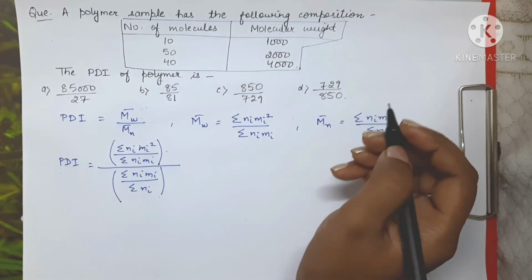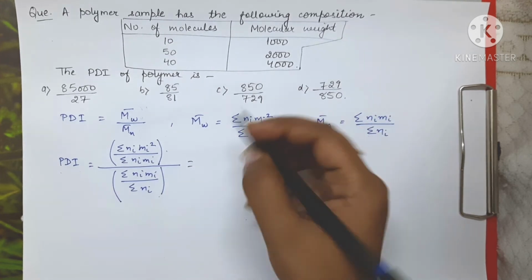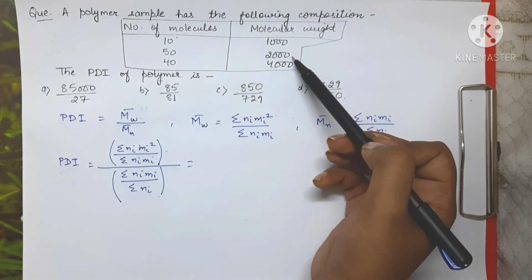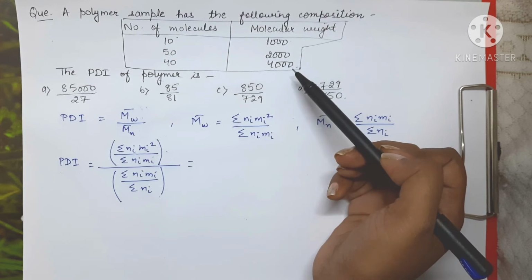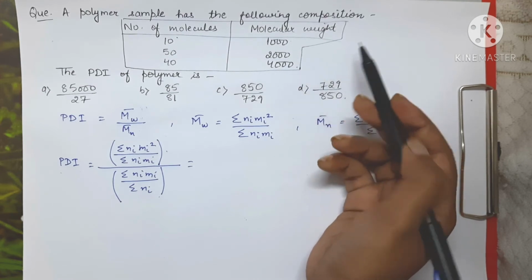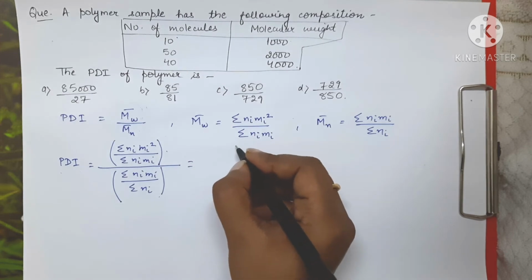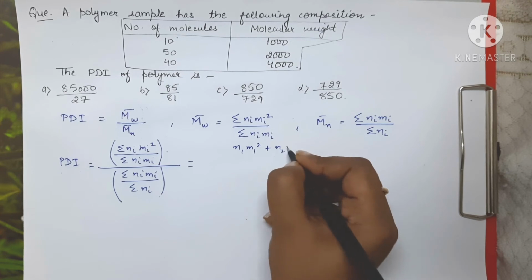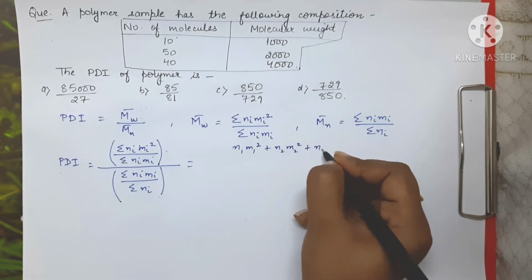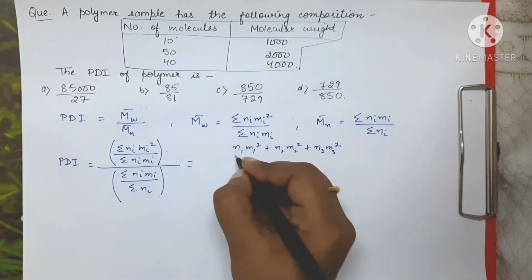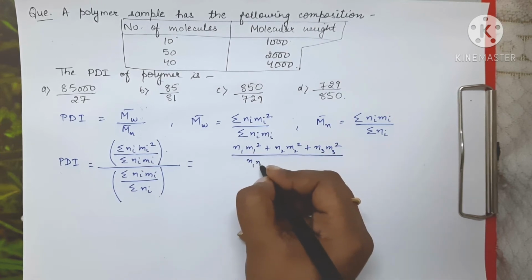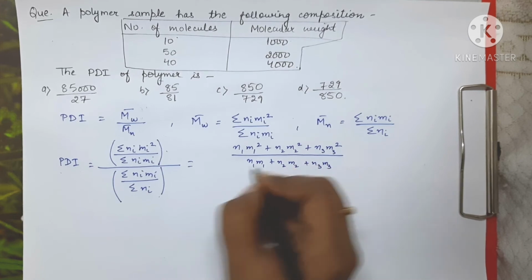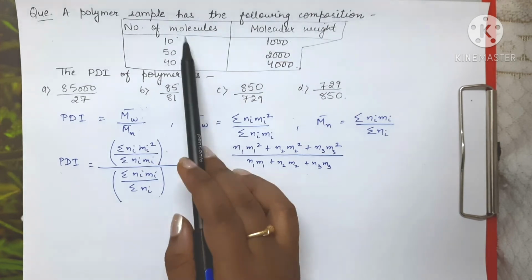Now we have to reduce this formula according to this question. Here three types of molecules and their corresponding three molecular weights are given. So this formula will reduce to N1 M1 square plus N2 M2 square plus N3 M3 square divided by N1 M1 plus N2 M2 plus N3 M3, up to 3, because there are three types of molecules.